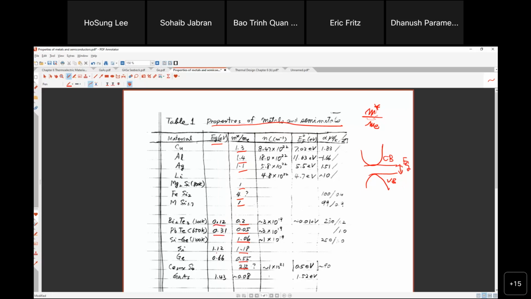So this is a very important property. Maybe either we can calculate it or we have a measurement so that we can work on that.